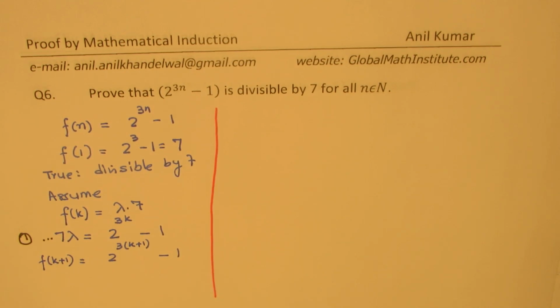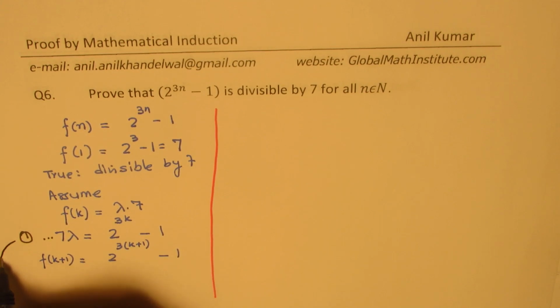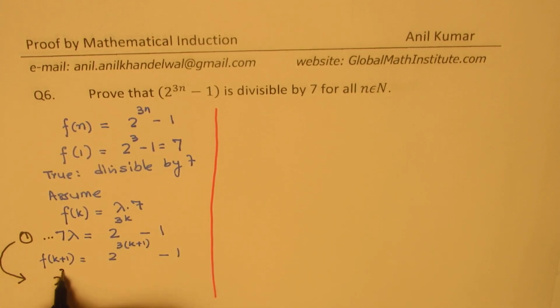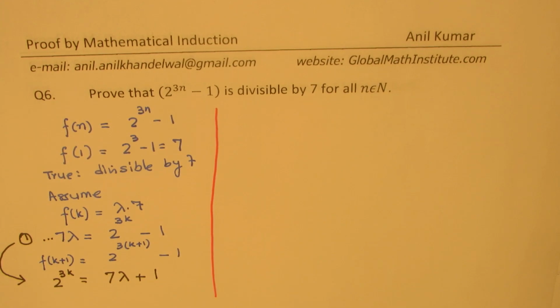What I will do in this particular case, you see, we have 2 to the power of 3k minus 1 as 7 lambda. So equation 1 can be rearranged and we can actually write 2 to the power of 3k as also equal to 7 lambda plus 1. So I'm changing my strategy a bit.